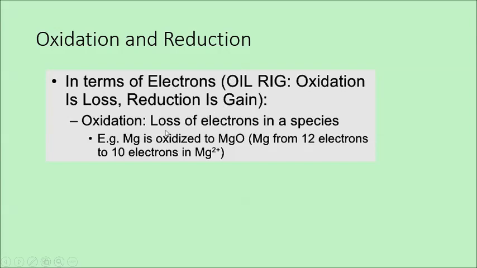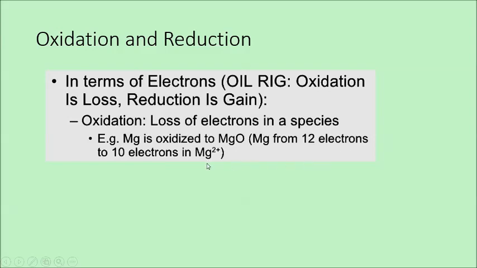So here, the oxidation is the loss of electrons. The example: magnesium is oxidized to magnesium oxide, the same equation. But in terms of electrons, it can be explained like this. Magnesium has how many electrons? 12 electrons.